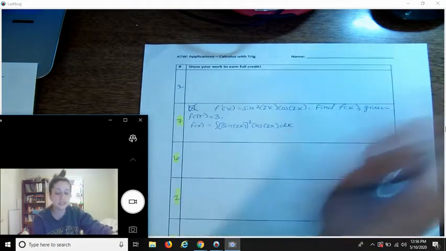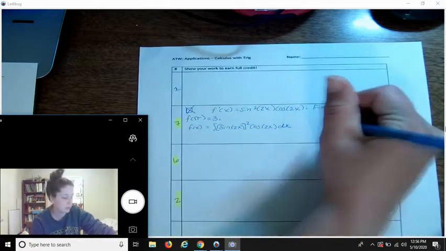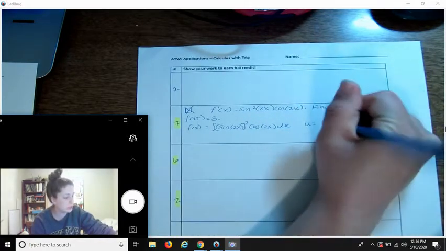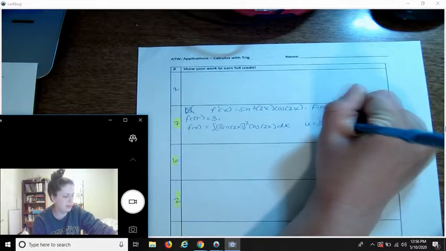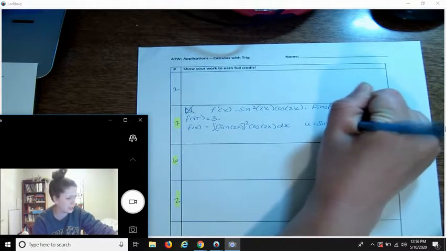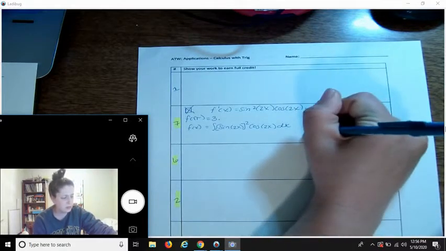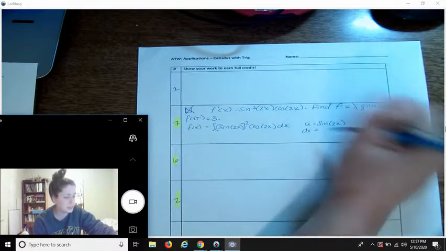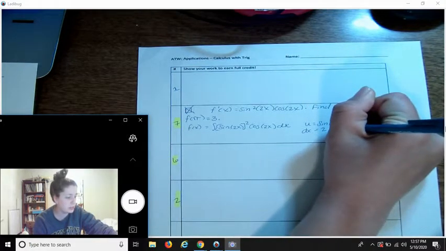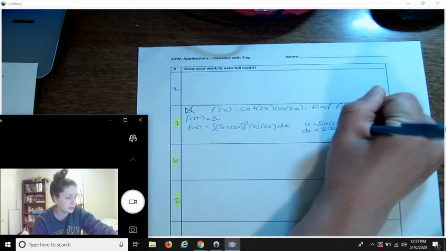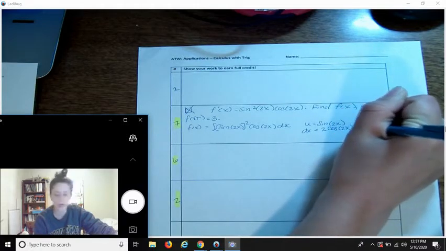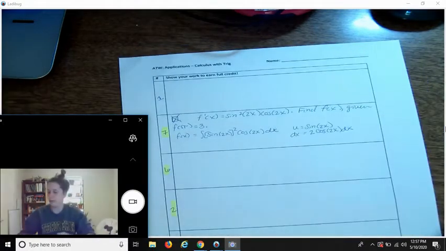Okay, so this means that our u is going to be equal to sine of 2x. And so then du is going to be 2 cosine of 2x dx.